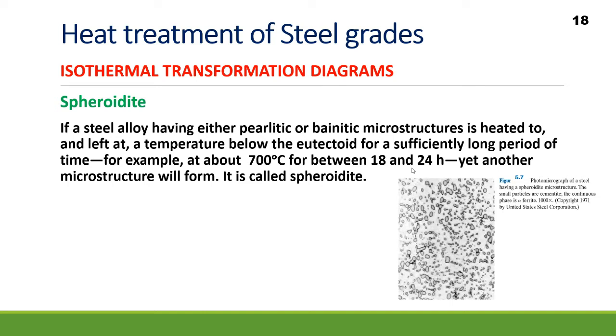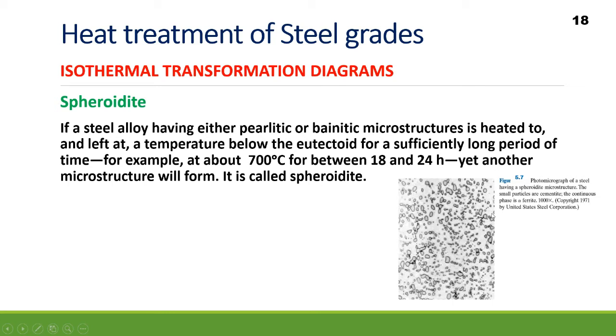So what is special about spheroidite? The specialty is that the carbide phase appears as sphere-like particles embedded in a continuous alpha phase matrix. You can see here these sphere-like cementite particles embedded in this alpha matrix.